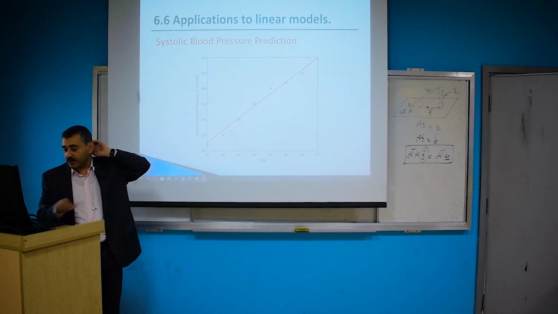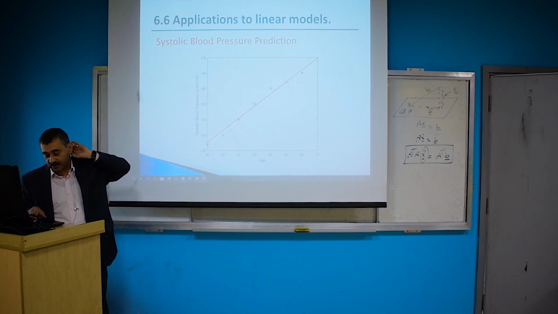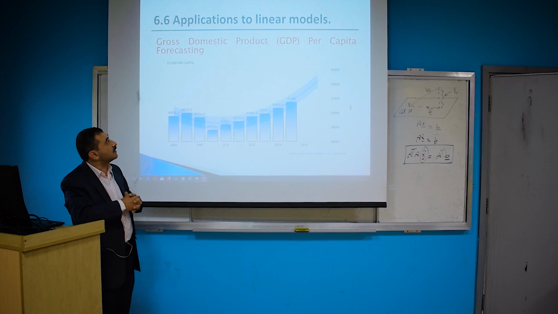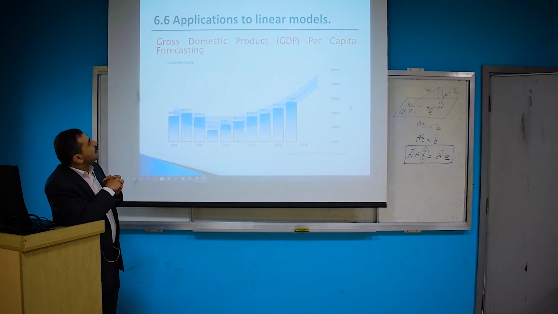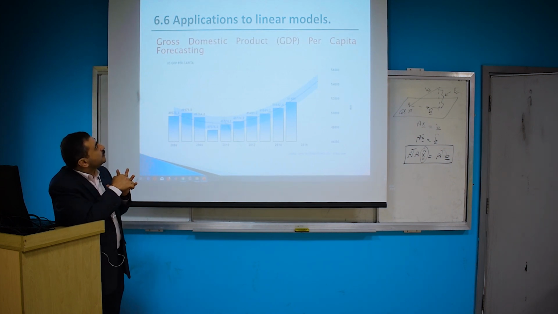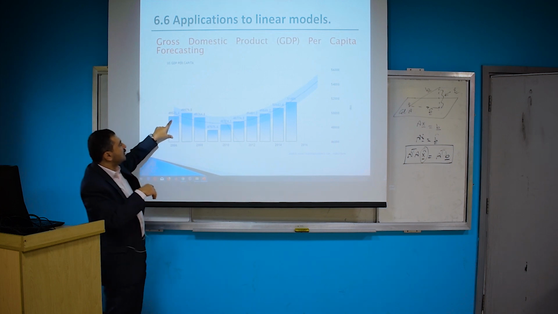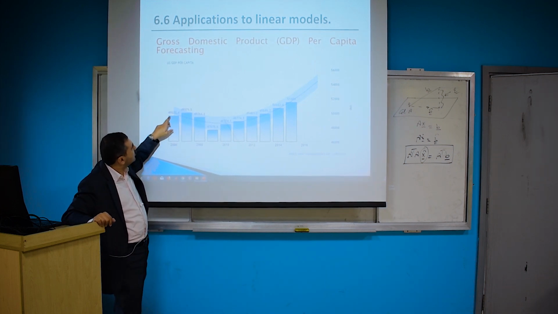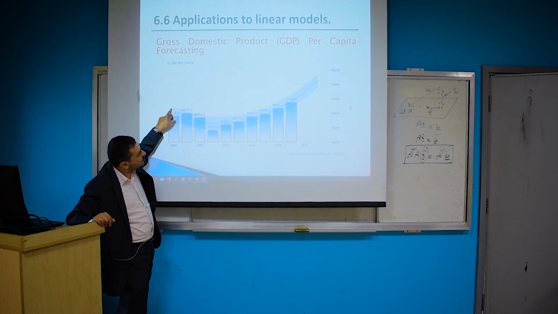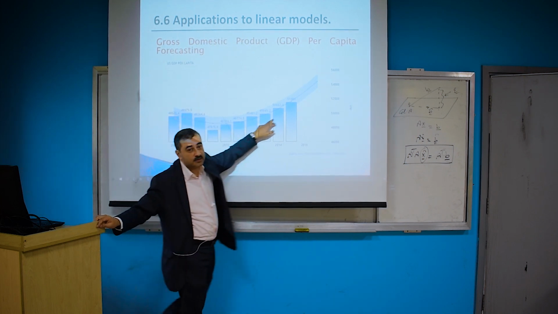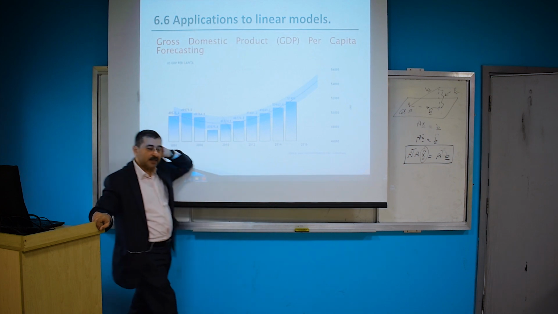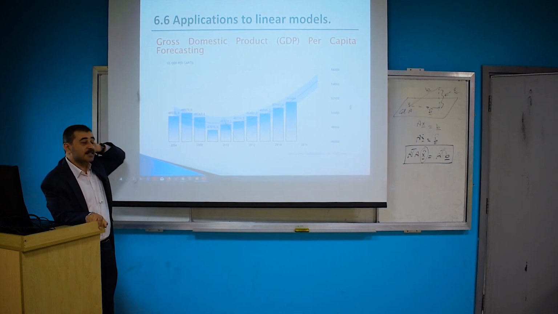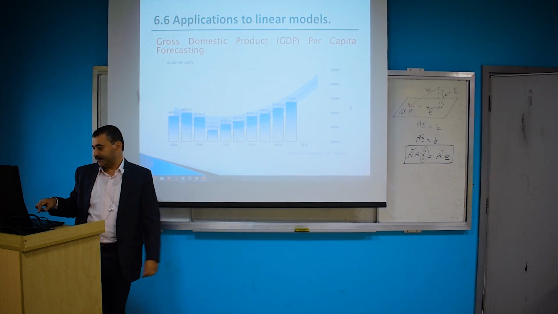Not necessarily to get a line, you can have something quadratic, for example, something like this. This is the GDP per capita, and this is the data in United States, okay? And you have something like this, and you want to fit a parabola to fit your data, okay? So we want to again find the best parabola that fits our data.